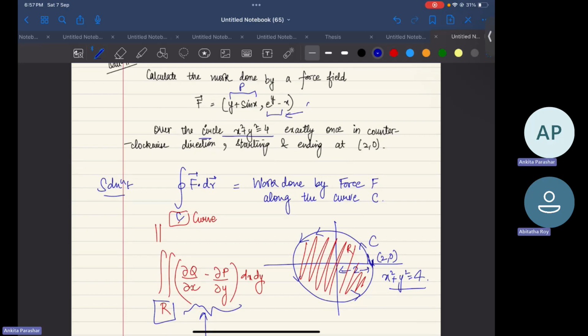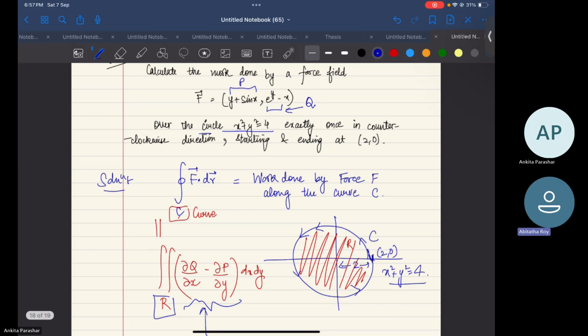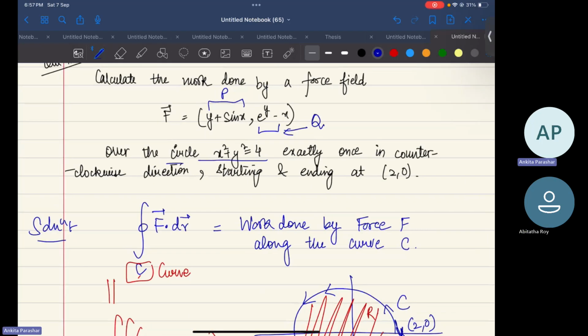This is our P, this is our Q. In the differential form, we represent it as (y plus sine x) dx plus (e to the y minus x) dy over the curve.